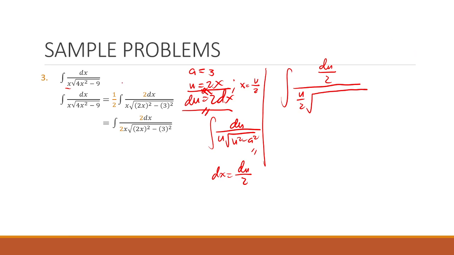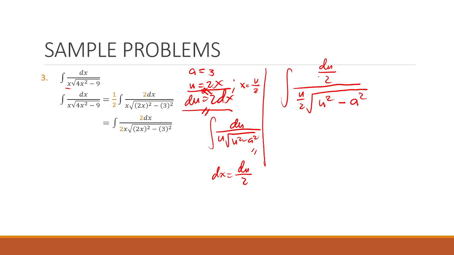Integral of what? 4x squared, where 4x squared can be written as square of 2x, tapos ang 2x is u. So this is u squared, right? Minus, initially we have 9, where 9 can be written as 3 squared, and then ang 3 is a, so that would be a squared. Okay?